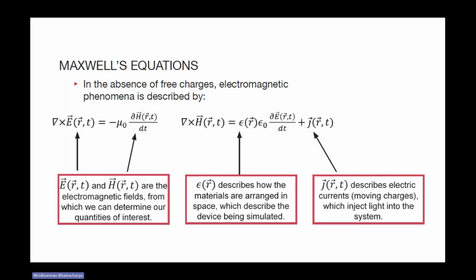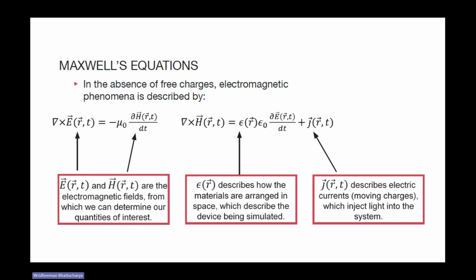And along with that, the J describes the electric currents, the moving charges, which inject the light into the system. All these parameters have been subdivided into different solvers such that the computation works smoothly and the computation time also gets reduced.